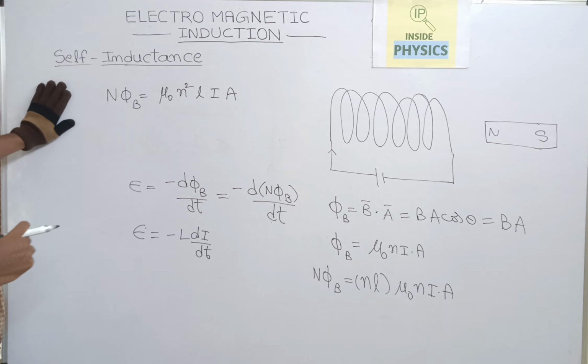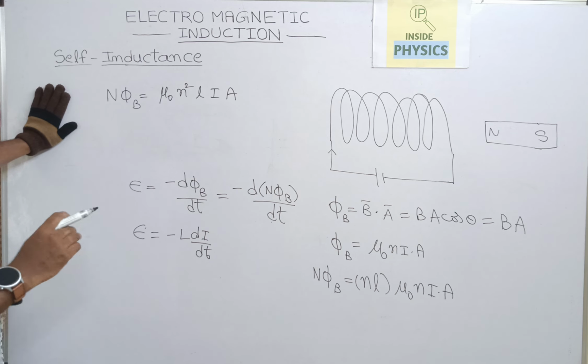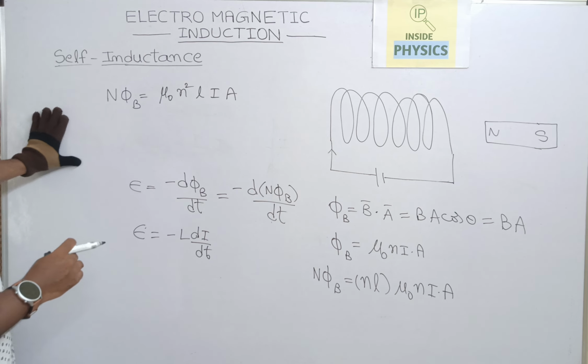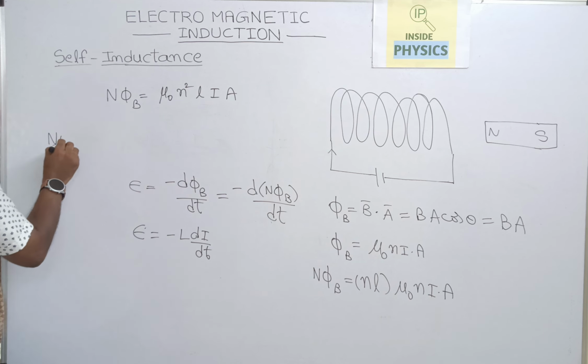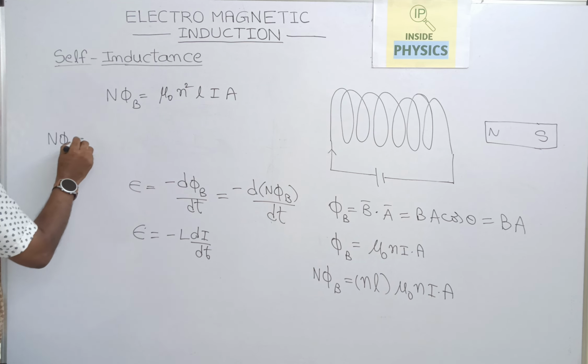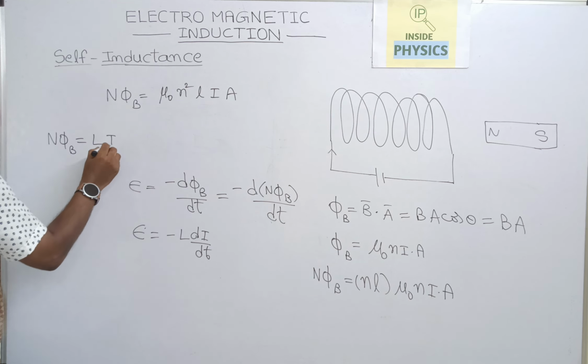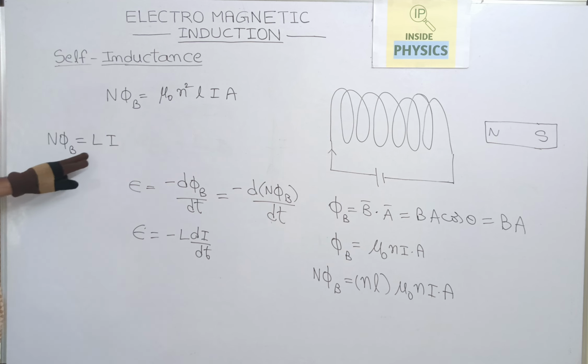Okay, so from the formula we already know, N phi B, which I have written in the beginning, is equal to inductance into current.